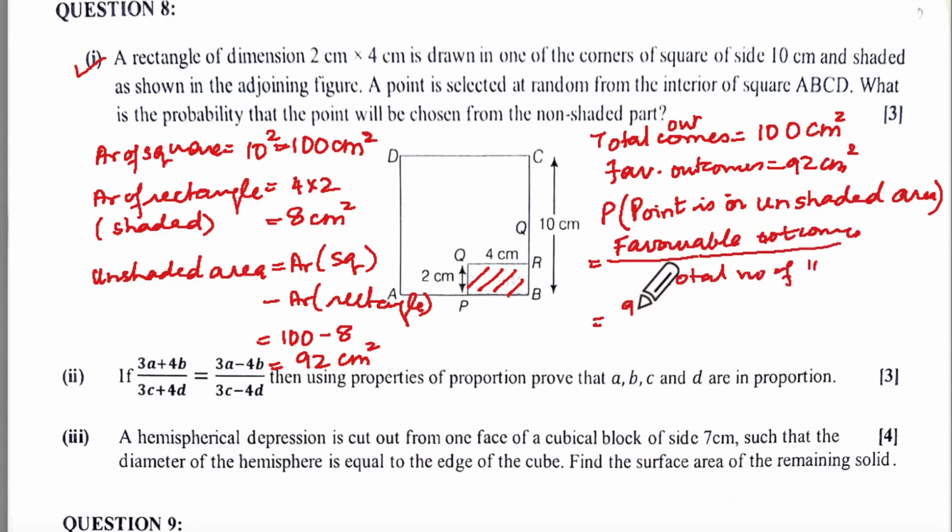So that will be 92 out of 100. 4 goes here and 4 goes here. So that is equal to 23 upon 25.